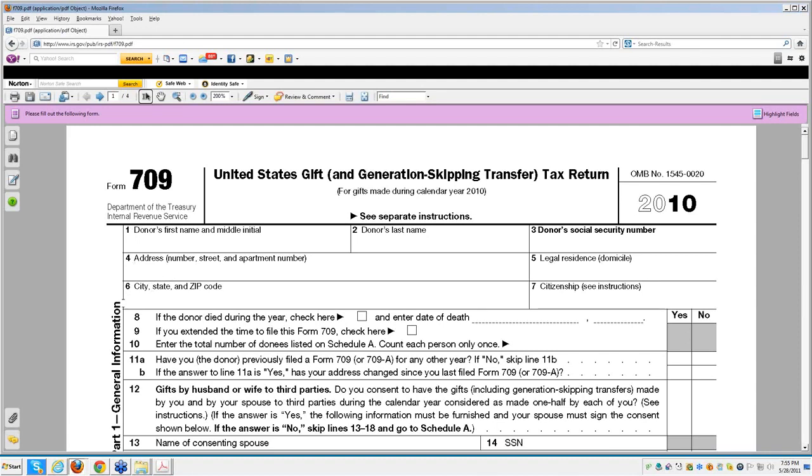So what goes in box 7? National of the United States? Well, you put... I'd put C. W8BEN?